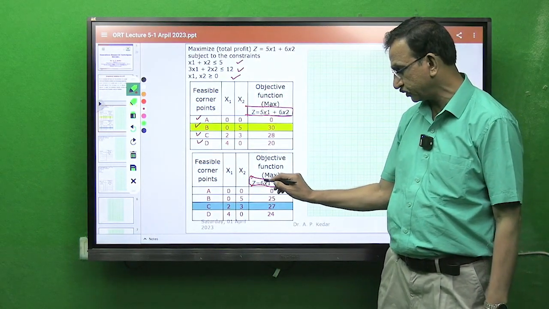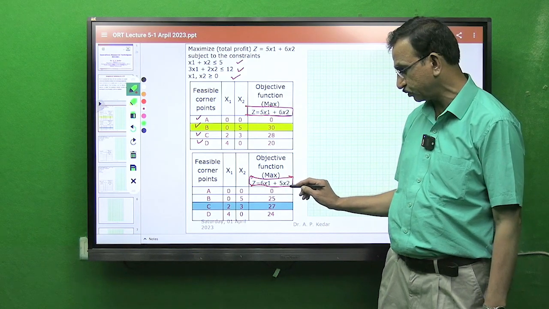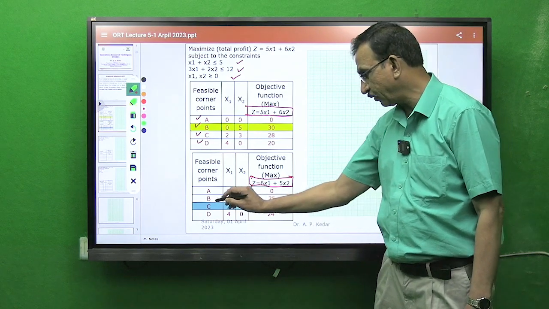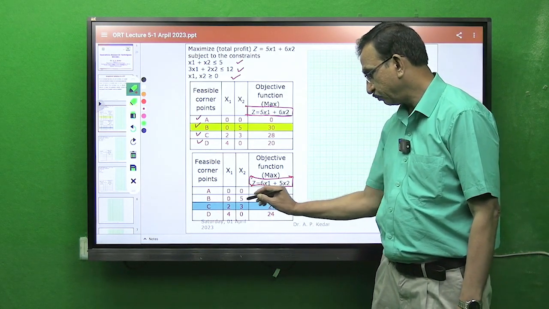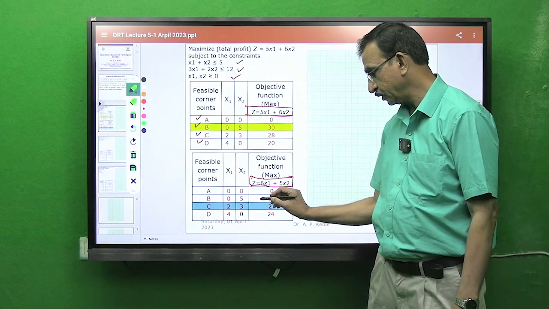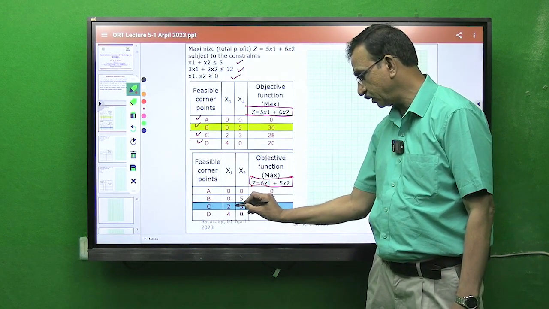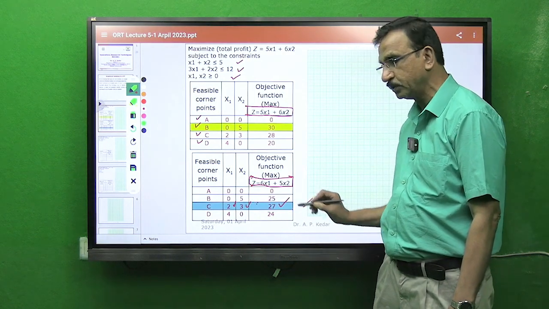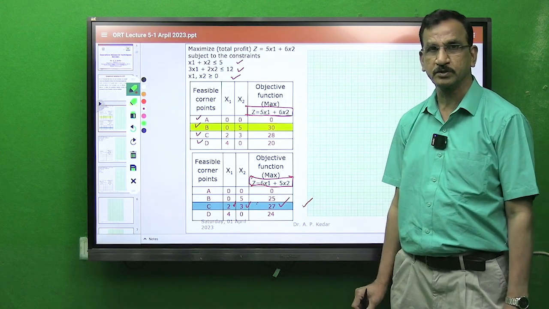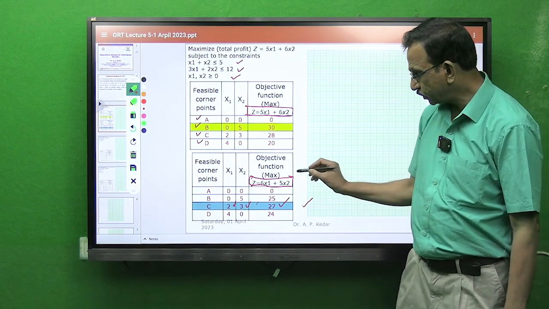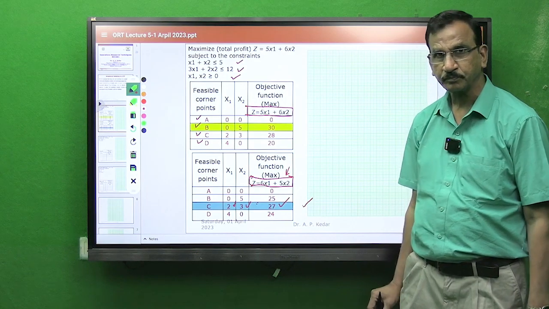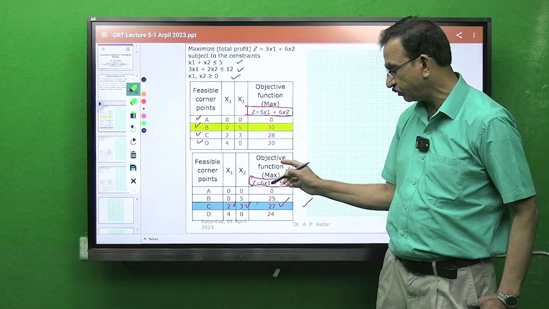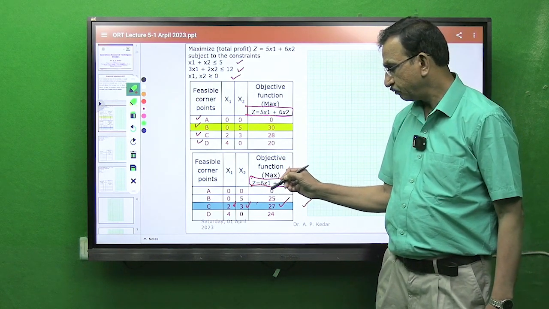If this is the objective function, maximize z equal to 6x1 plus 5x2, you get these points, and for this is the maximum value. Here I have highlighted with blue color the feasible corner point C, with value of x1 as 2, value of x2 as 3, and the maximum profit which the organization will get is 27 rupees. I have to select from so many answers of the objective function which is the maximum value.